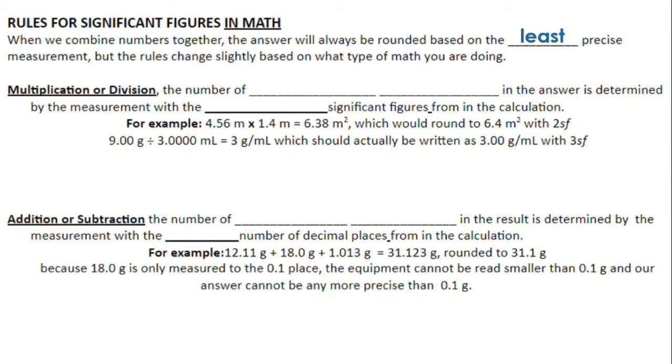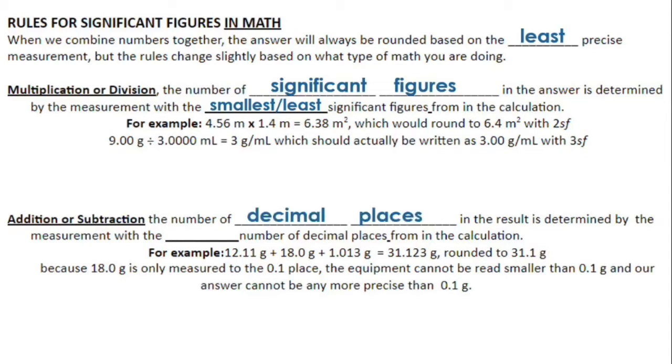In multiplication and division, we look at significant figures, and the significant figures in our answer will be the same as the least significant figures from the numbers in the calculation. Addition and subtraction, on the other hand, look at the number of decimal places in the answer, determined by the least number of decimal places from the numbers in the calculation.